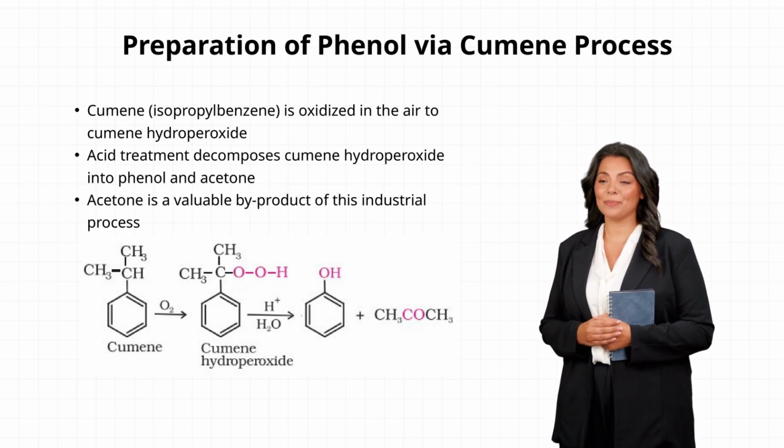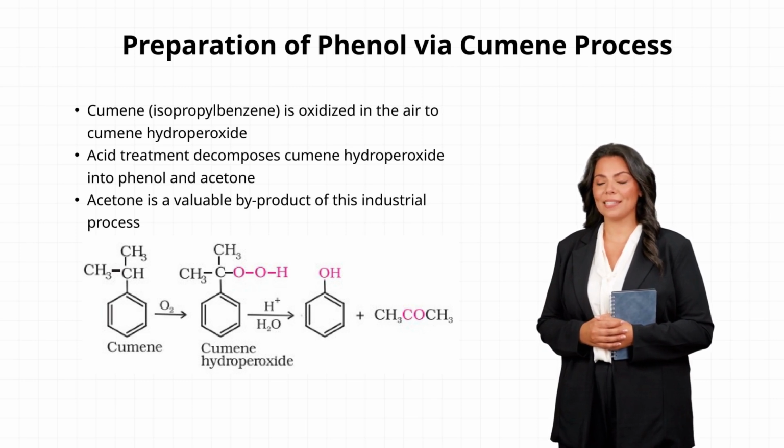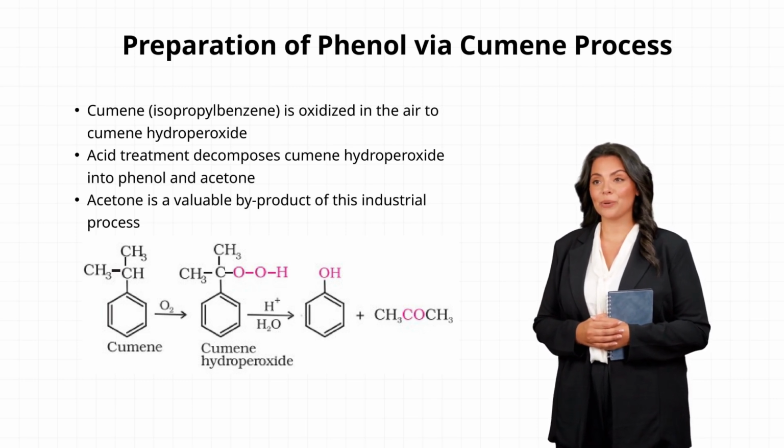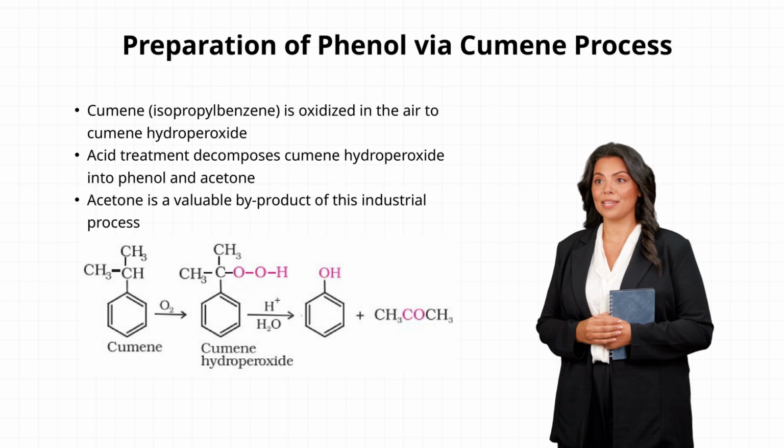This cleavage simultaneously produces two compounds, phenol, the benzene ring now bearing a hydroxyl group, -OH, and acetone, a smaller molecule with formula CH3COCH3. It's fascinating because we get not just phenol, but also acetone, an important solvent and industrial chemical.